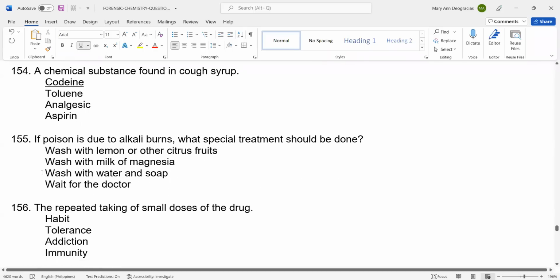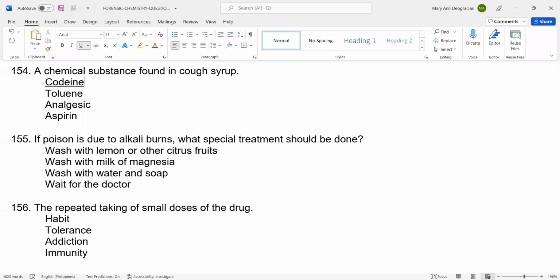155. If poison is due to alkali burns, what special treatment should be done? Halimbawa, natapunan ka ng mga liquid salsa, ganyan. Ano ang pwedeng ipang first aid?